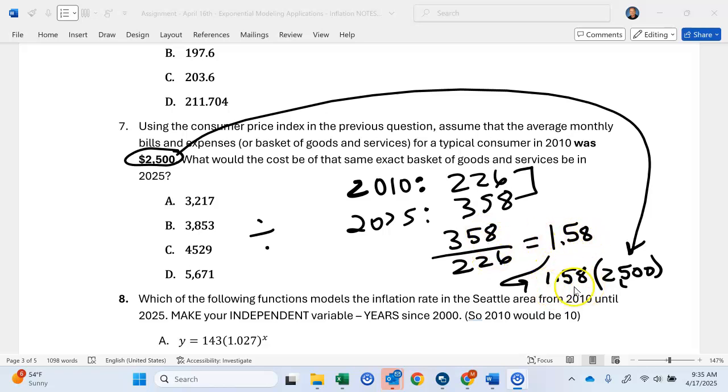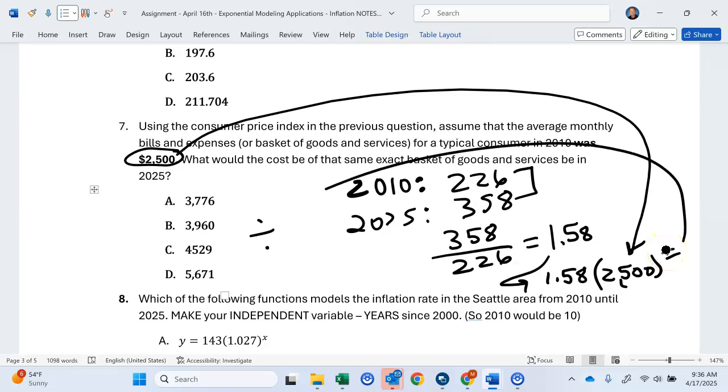You then take that 1.58 and factor up what you had in 2,500, which would be equal to 3,960. So that would be the closest one right there. That's how you do this kind of problem: the index at 2025 divided by the index at 2010, multiplied by the $2,500 from 2010. Then you apply it to the actual dollar amount and multiply it out.